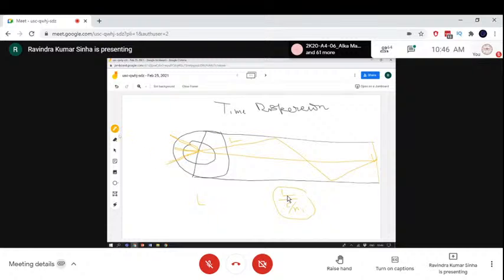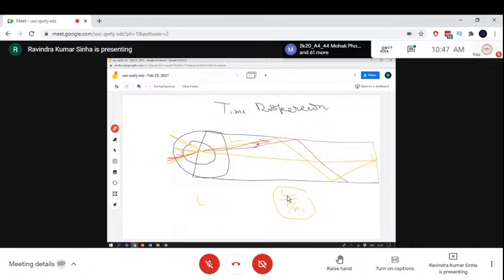So suppose I incident another ray, this one. This angle is less, so another angle will be further less. So that one will be like this, isn't it? They will be going in this manner. But this is the maximum time taken, that is from here.